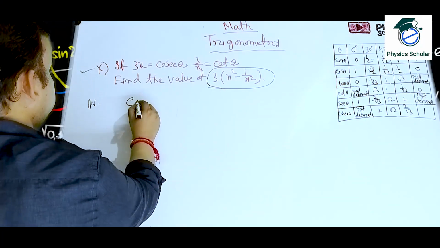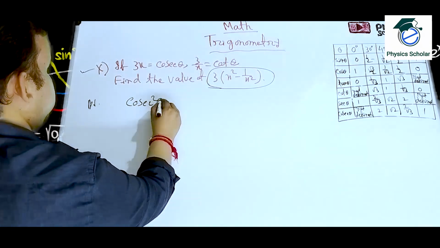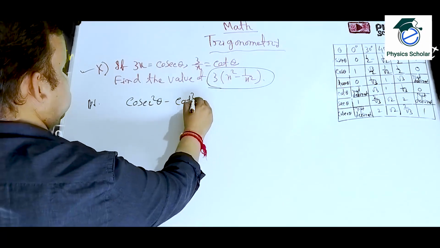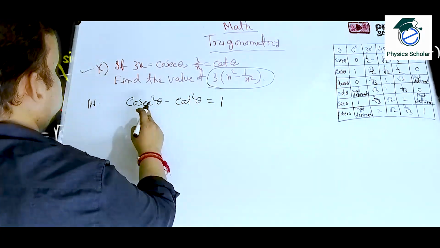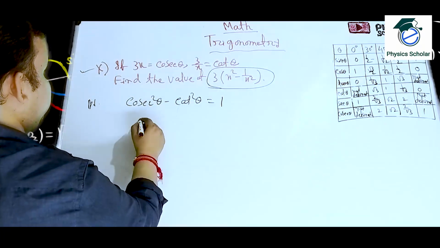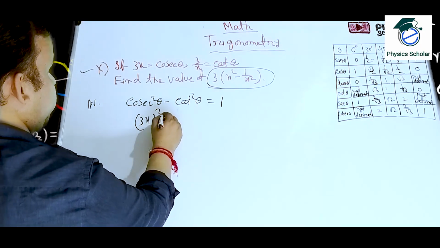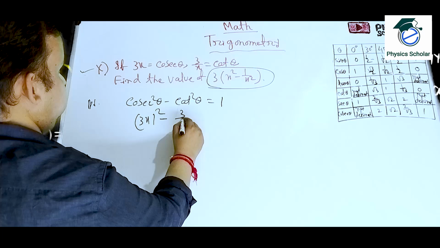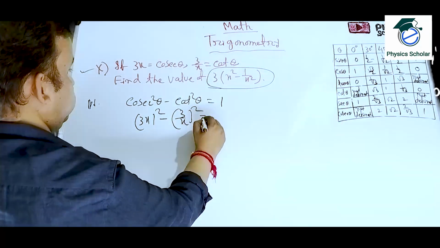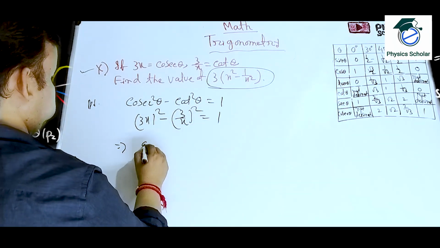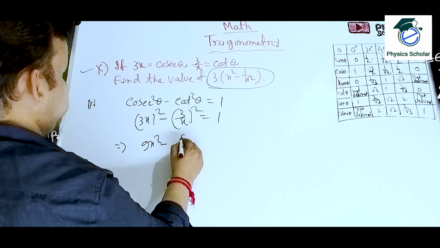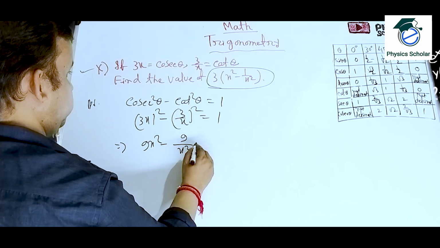What do we know? Formula: cosec square theta minus cot square theta is equal to 1. So what is the value of cosec? 3x. So 3x square minus 3 by x square, since cot is 3 by x, is equal to 1. So 9x square minus 9 by x square is equal to 1.